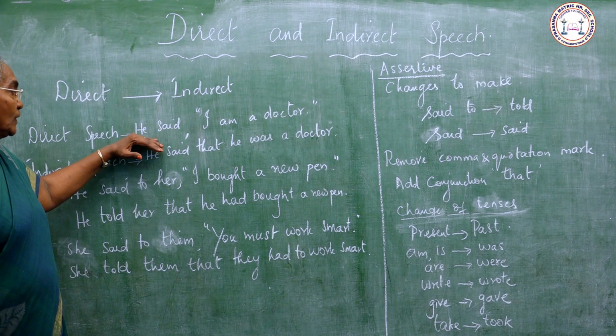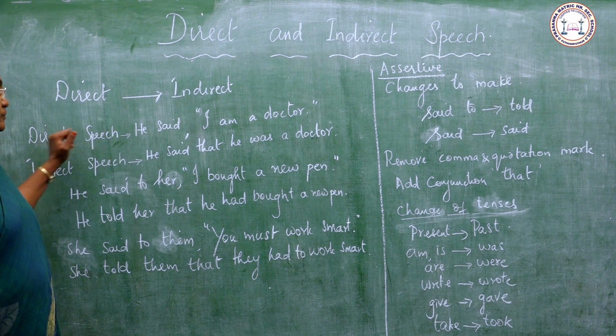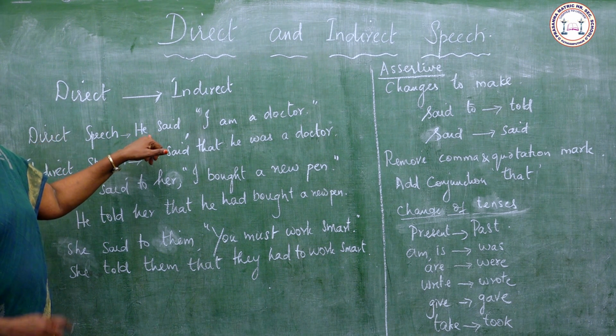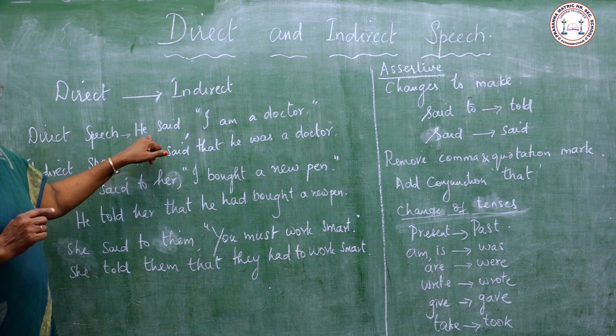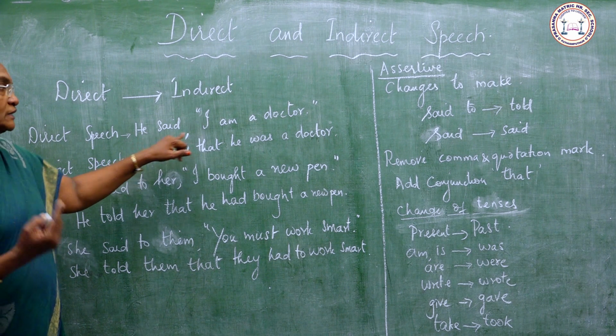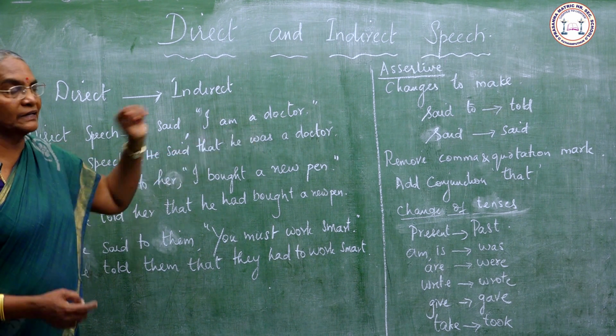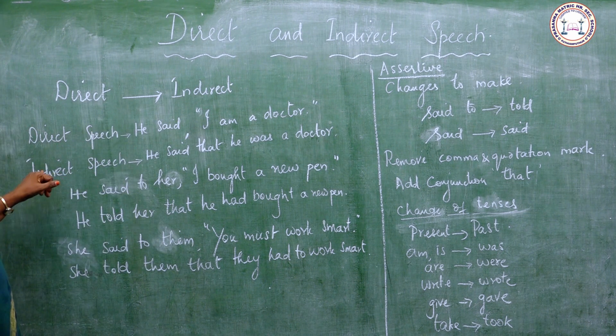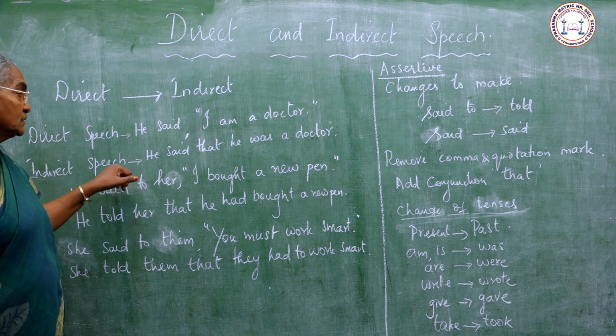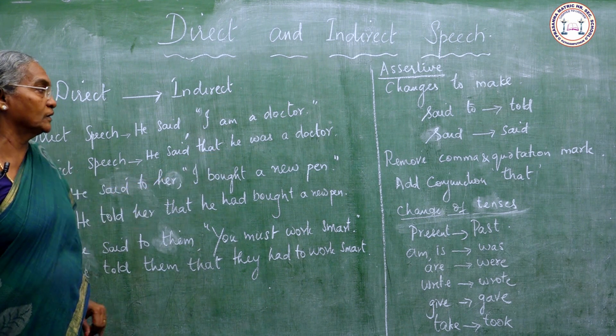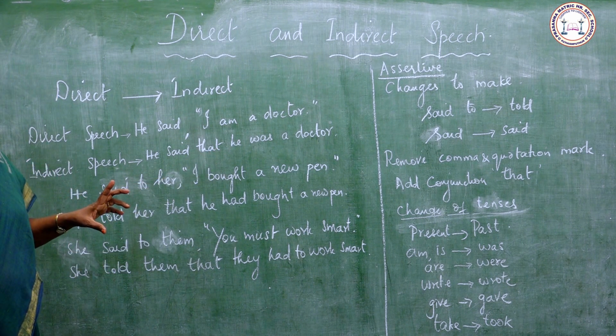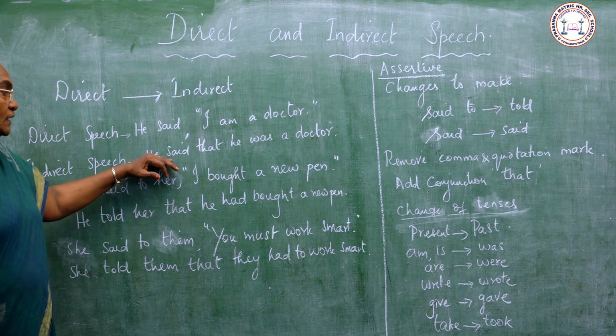And there are two parts in direct speech. One part containing speaker, listener and the reporting verb. The next part contains the reported speech. Look here. In indirect speech, he said that he was a doctor. It seems to be a complete full sentence.